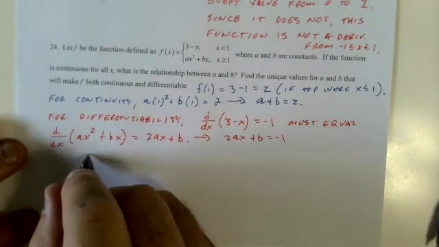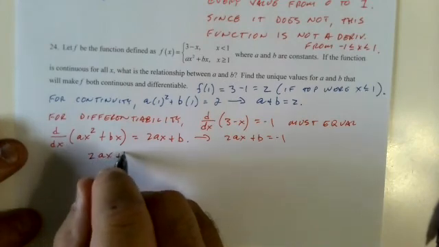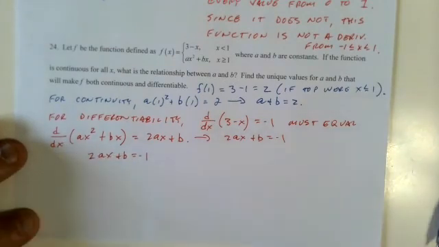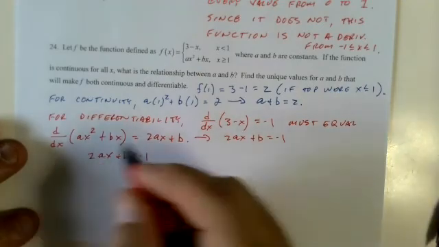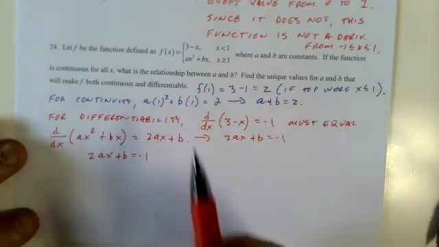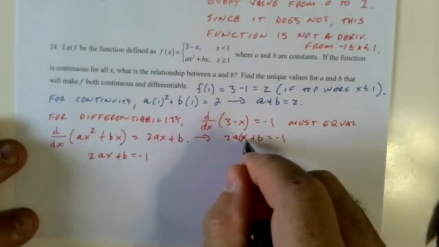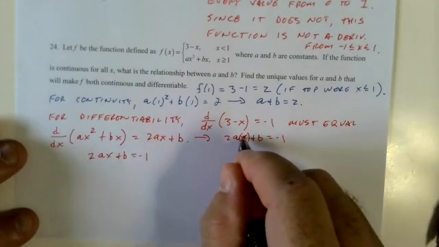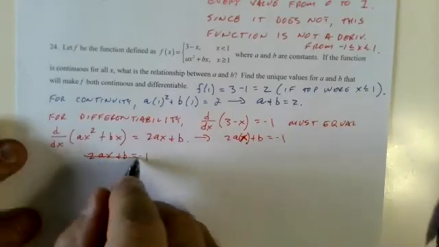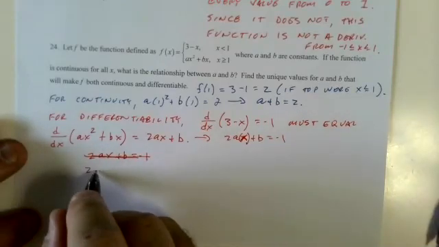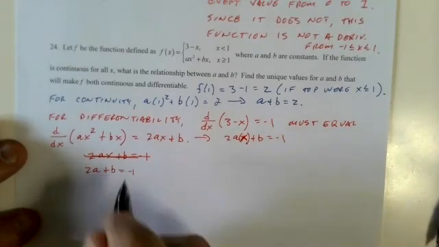Let's just go with elimination. 2ax plus b equals -1. Oh, I messed up. That's at 1, so this is 1. By the way, notice you can't cross that out. 2a plus b equals -1.